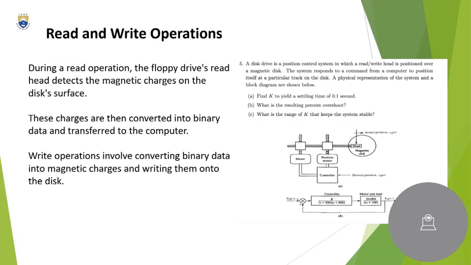The questions are: find k to yield a settling time of 0.1 second. What is the resulting percent overshoot? What is the range of k that keeps the system stable? In this image, we have the magnetic disk, position sensor, motor, and controller.